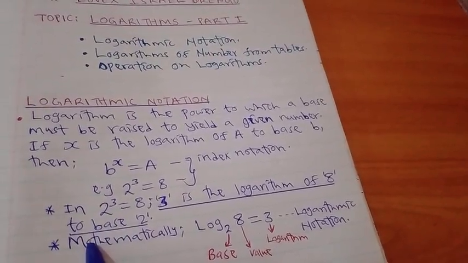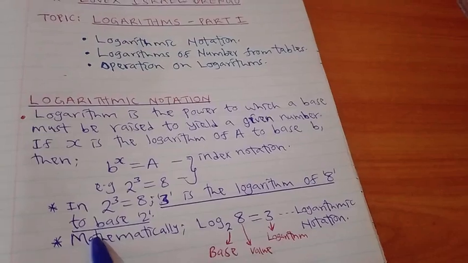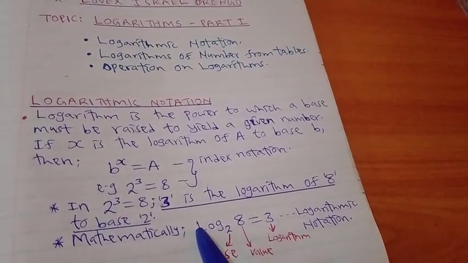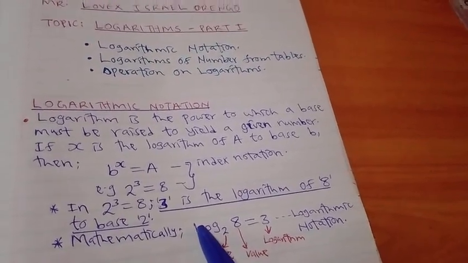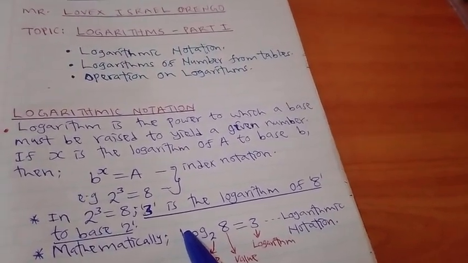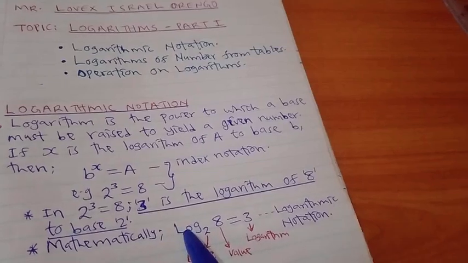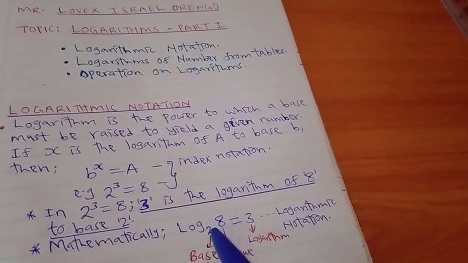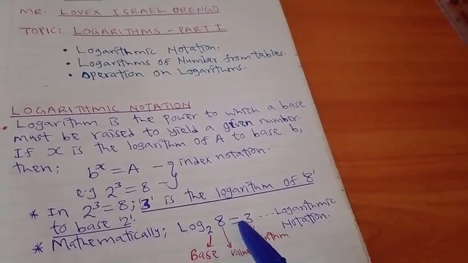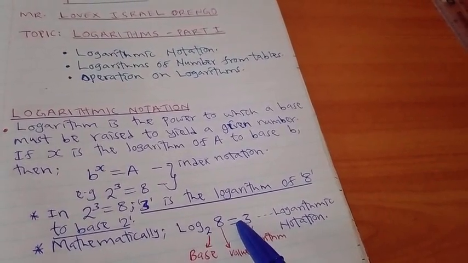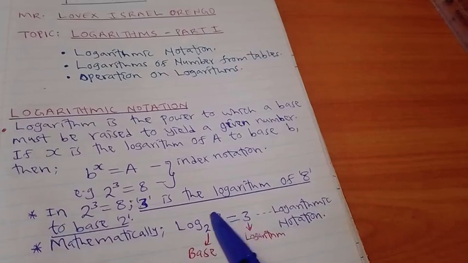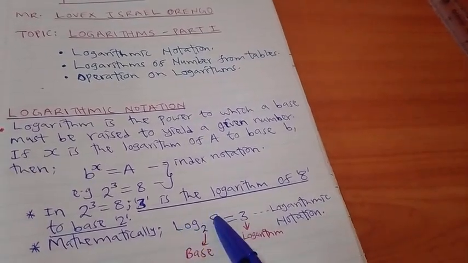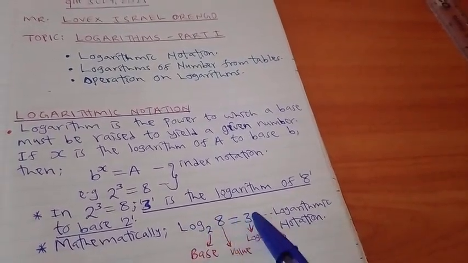Mathematically, in logarithmic notation, you write logarithm, or in short form, log. Log of 8 to base 2 equals 3. I repeat, it is read as logarithm of 8 to base 2 equals 3.